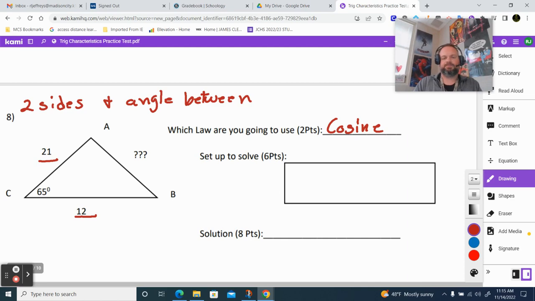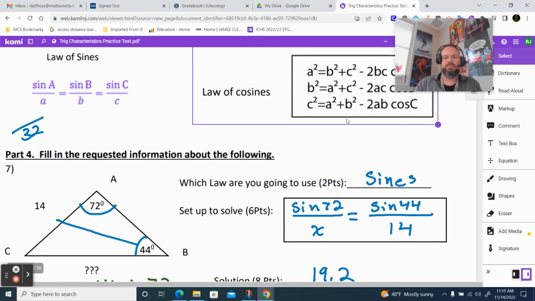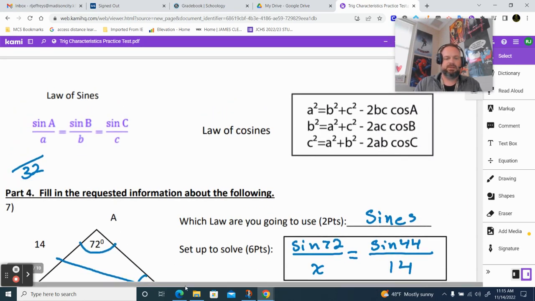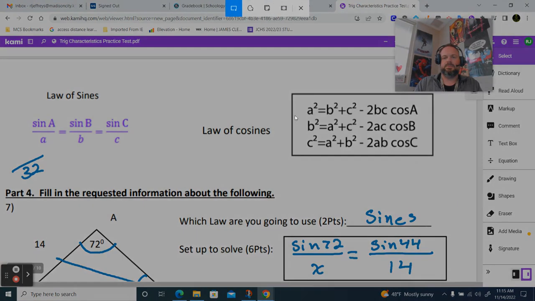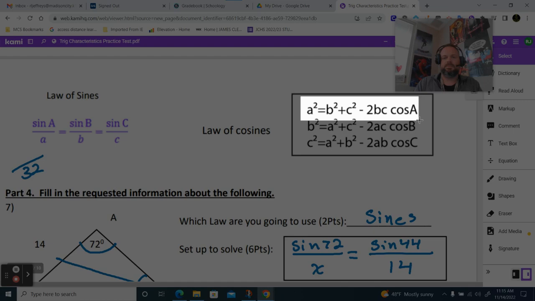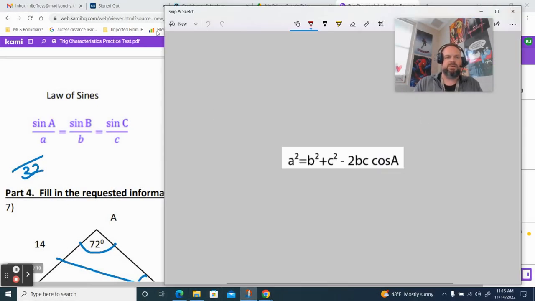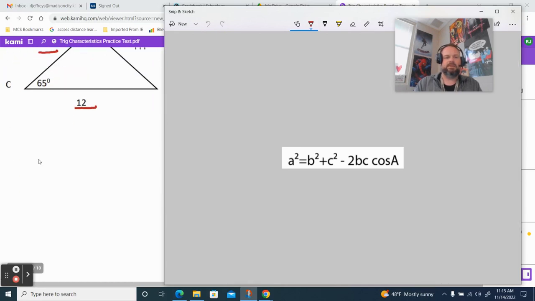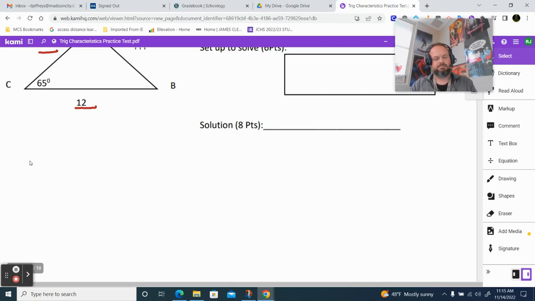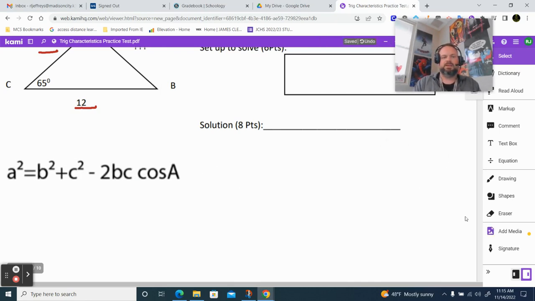Now, I don't have that memorized in the way that my notes are set up. I've got to go look at it. So I'm going to snip this. It doesn't matter what letters these are. They're all literally the same thing. So I'm going to set this up.